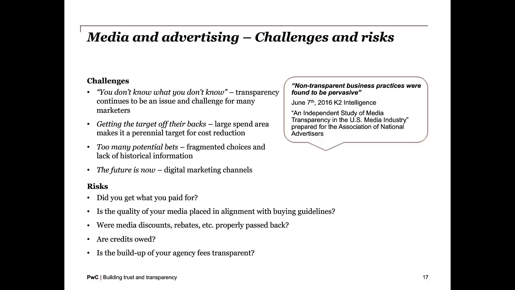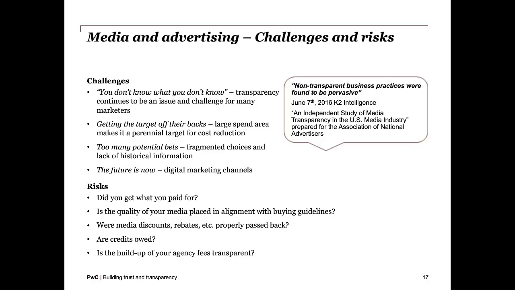It can be large. This is often an area for cost reduction, savings that may result in looking at this, as well as process improvements, and of course looking at the controls behind this big spending area. There's a lot of choices out there, digital marketing channels, wide spectrum of media outlets. It's making it more complicated to ensure that you're getting what you're paying for.